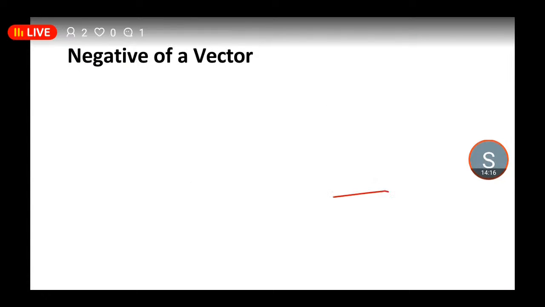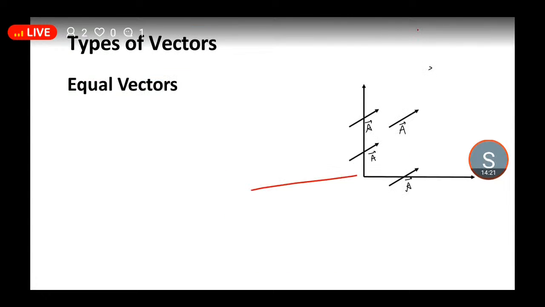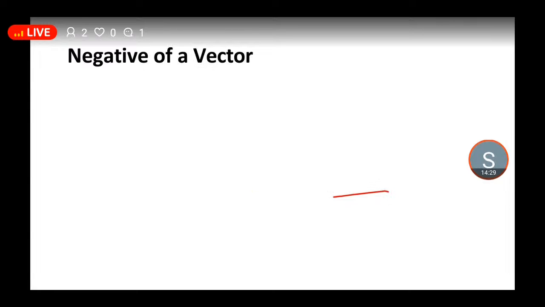Let me repeat what I said till now. Types of vectors: equal vectors, the vectors which are the same in magnitude and direction. Negative vectors are opposite in direction but the same magnitude.